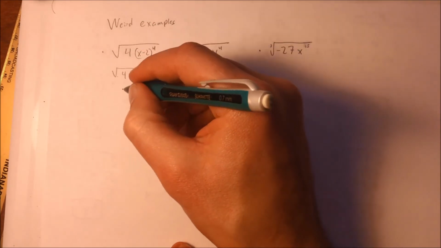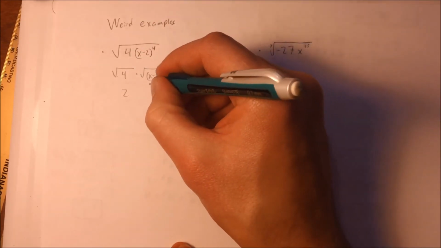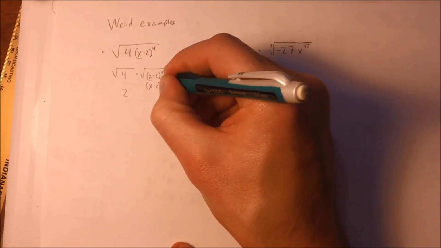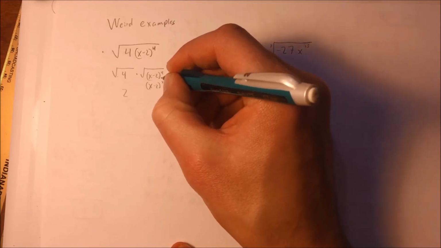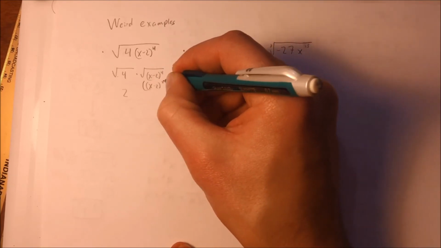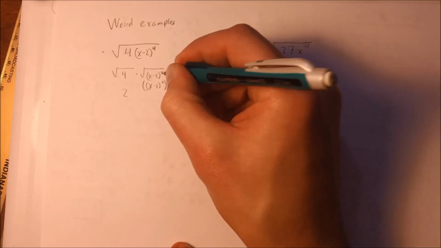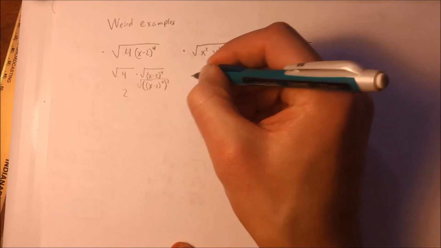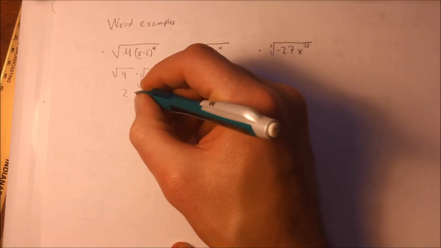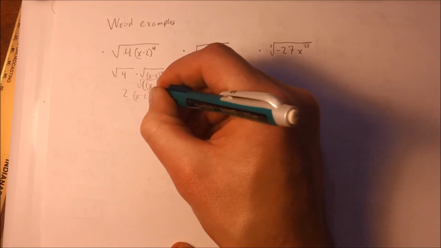And square root of 4, of course, is just 2. And if I rewrite this, it's x minus 2 squared, because 2 times 2 would give me 4. So if I take the square root of that, those cancel out, it's just going to be x minus 2 squared.